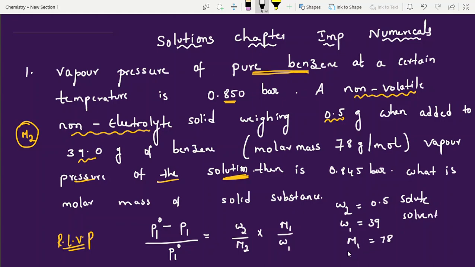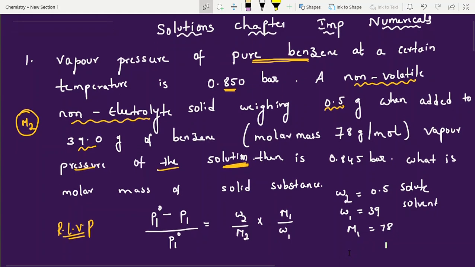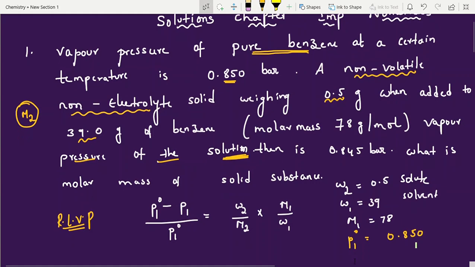Right. So afterwards, what they had given, students? See, vapor pressure of pure benzene. Pure benzene is nothing but solvent, so you can mention this as P10. P10 is nothing but pure solvent, that is 0.850. And solution, what is solution? PS or else P1, your wish. Anyway, you can take it up.